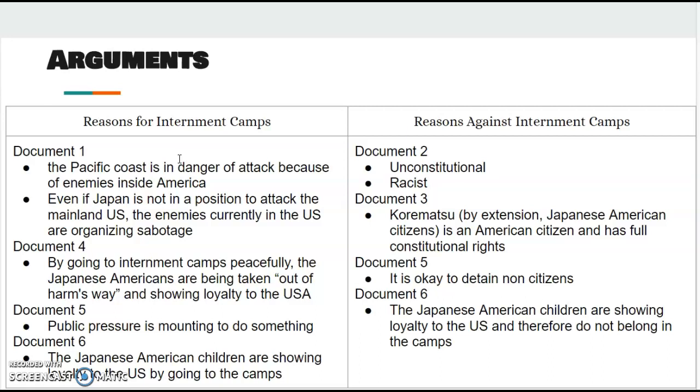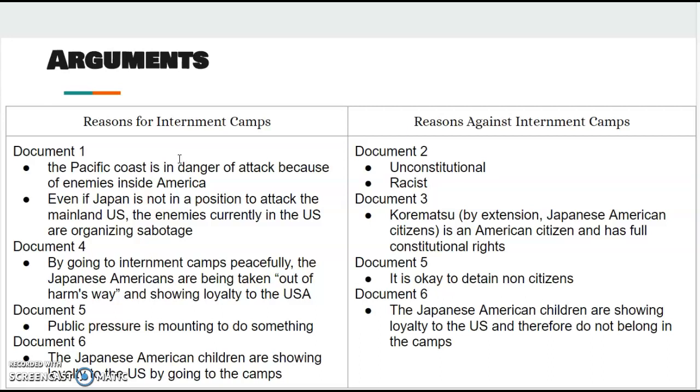The federal government can expand powers and take away civil rights. But 2 justices disagreed with that, and they dissented. The first one, document 2, said that basically the internment camps are unconstitutional and a little bit racist as well, because it was only applying to Japanese Americans. There were no camps for German Americans or Italian Americans, who we were also at war with.